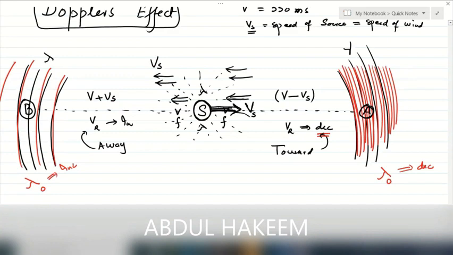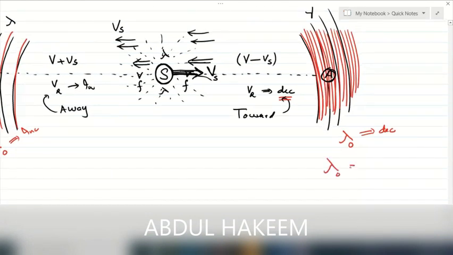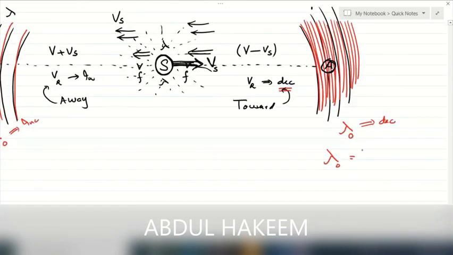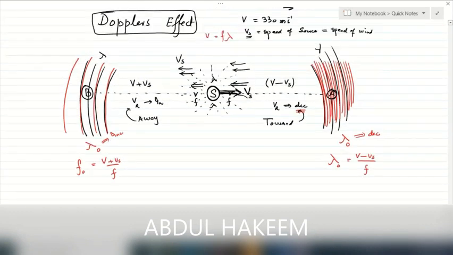Now, according to the formula, V is equal to F lambda. So lambda is equal to V divided by F. The decreased wavelength will be V minus Vs over F. And this increased lambda, due to increased speed, will be V plus Vs divided by F. So look, when the source travels towards the observer, speed decreases, wavelength decreases.